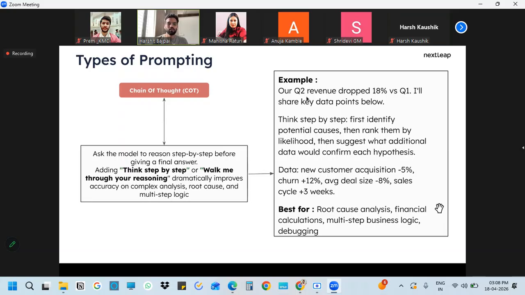So when you write statements asking the model to think before you answer, or think step by step, or walk me through your reasoning, the output dramatically improves.